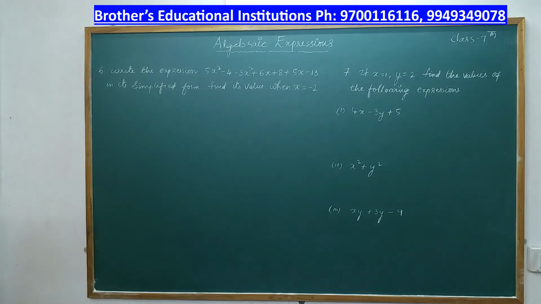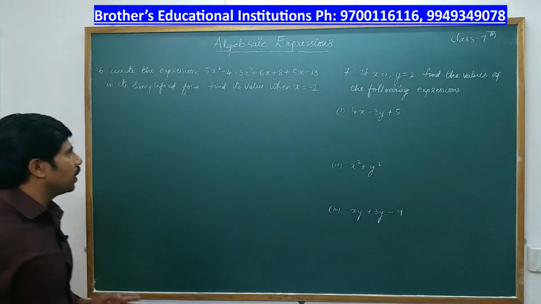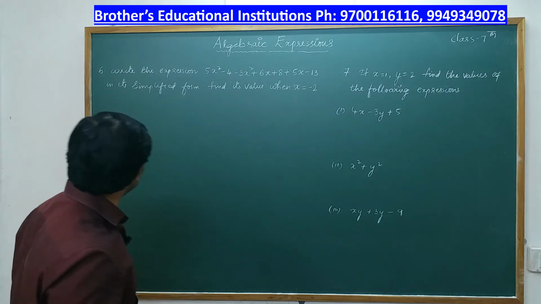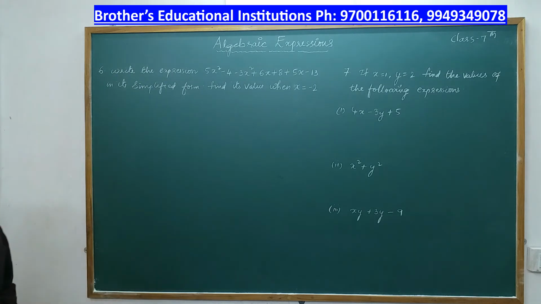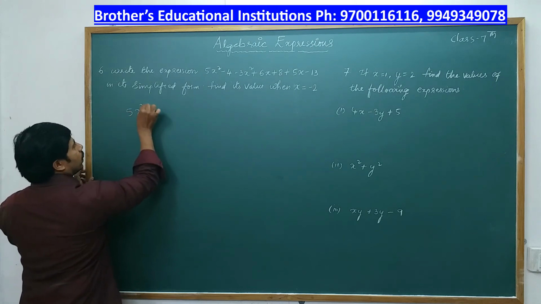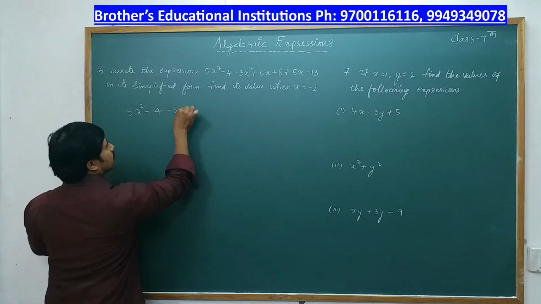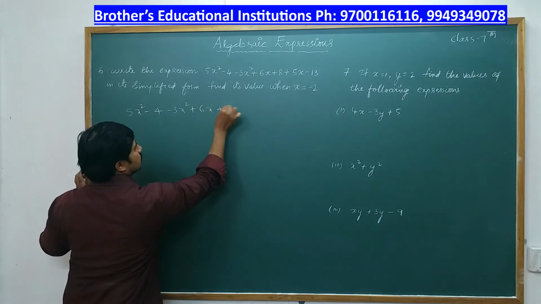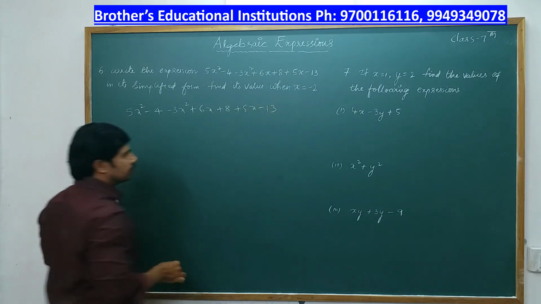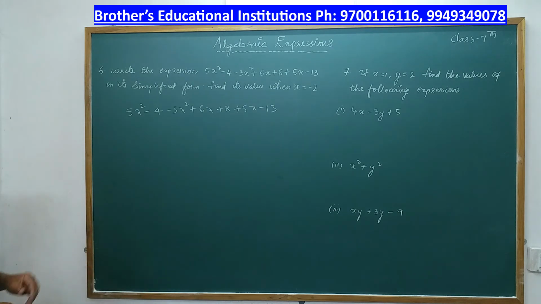Write the expression 5x square minus 4 minus 3x square plus 6x plus 8 plus 5x minus 13 in its simplest form and find the value when x is equal to minus 2. So first we write 5x square minus 4 minus 3x square plus 6x plus 8 plus 5x minus 13. Now we'll simplify this.